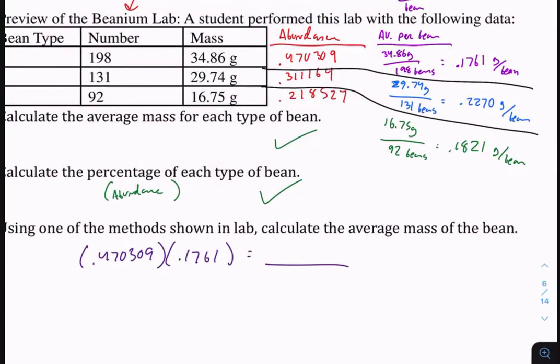I can keep 4 sig figs from this, so 0.08282. For the second type, my abundance was 0.311164 times the average of 0.2270.